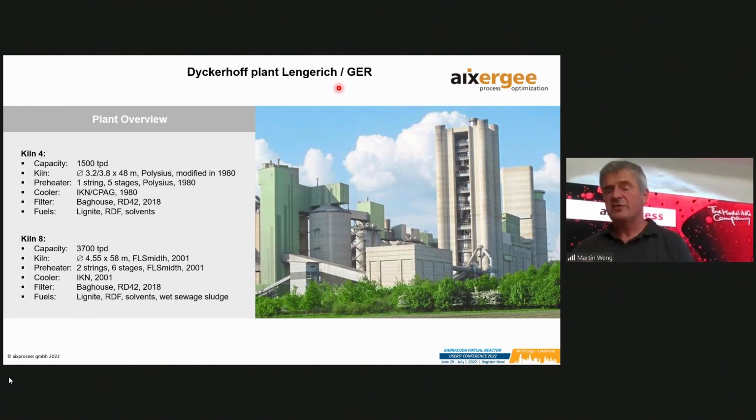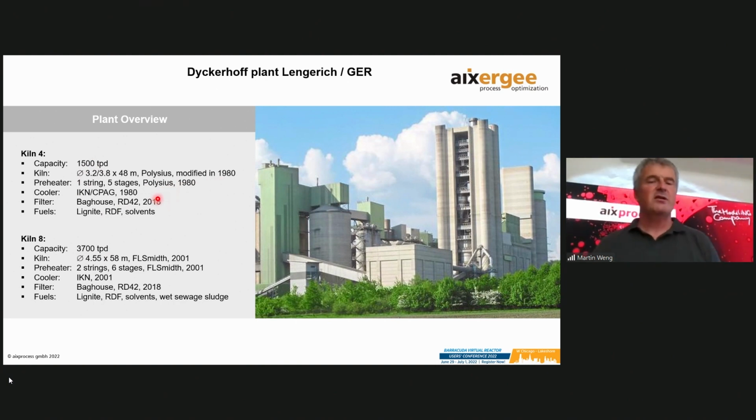These are kind of historical names, and you see from the data those are quite different capacity wise and from their age. The one I'm talking about today is kiln line 4. Originally built in the 1980s, it was modified a few times. It's a Polysius kiln; preheater and then baghouse filter were added afterwards.